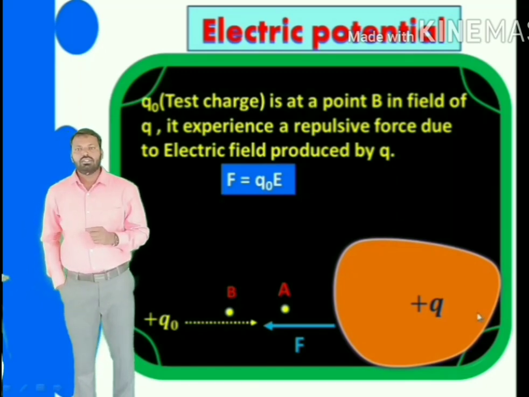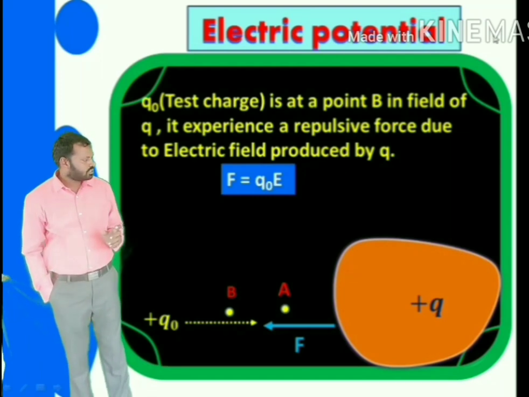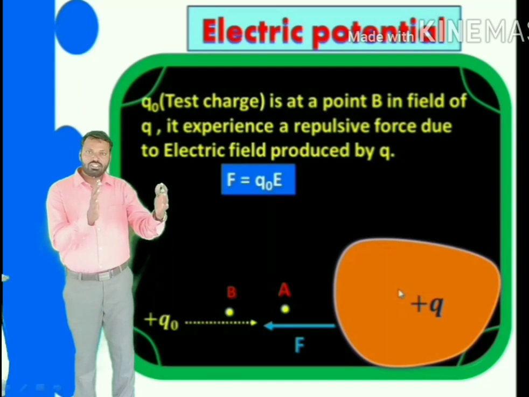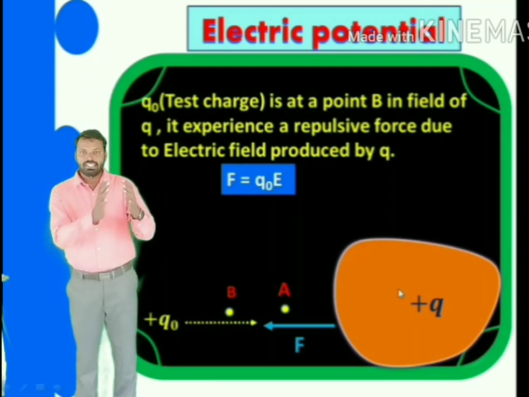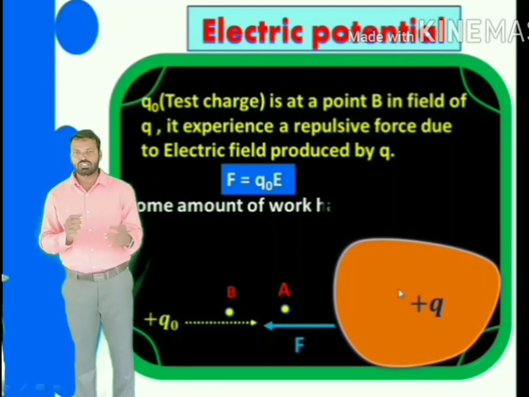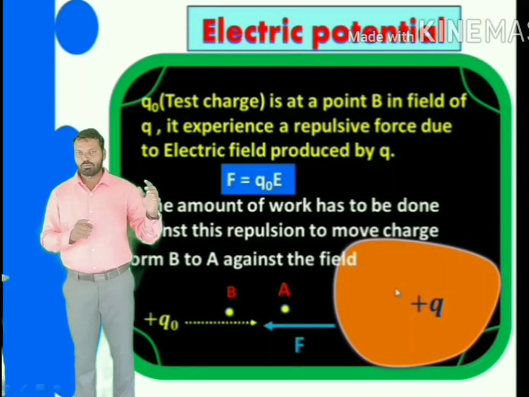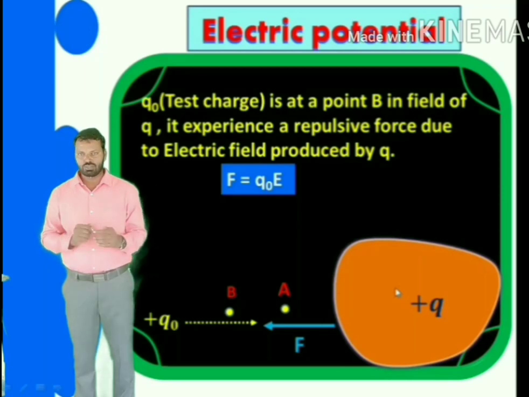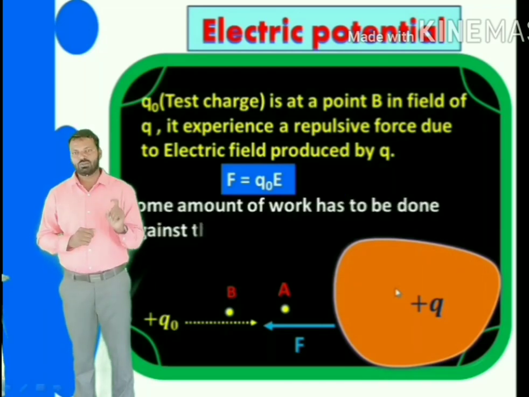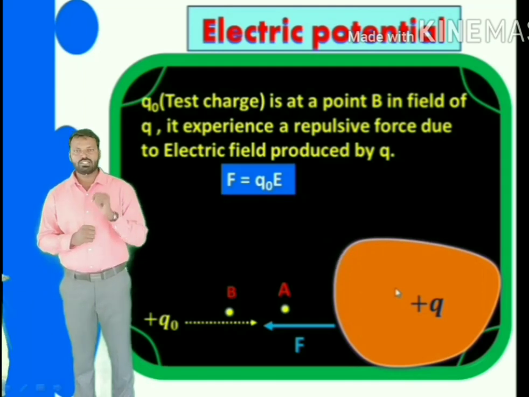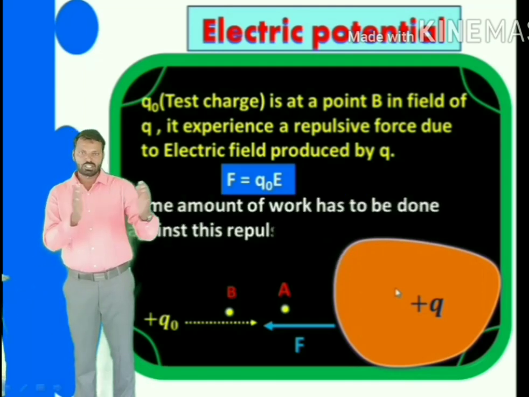Now here the charge is a plus charge and I am trying to bring another plus Q0 charge. Since both are positive charges, what happens? There exists a repulsive force between these charges. So when Q0 is placed in this electric field, it experiences a repulsive force which is equal to Q0 E. Now this repulsive force is repelling this Q0.